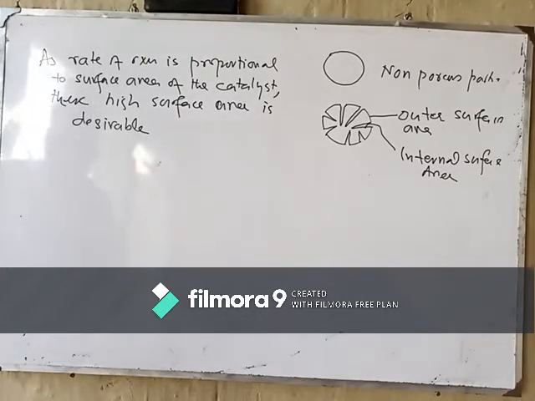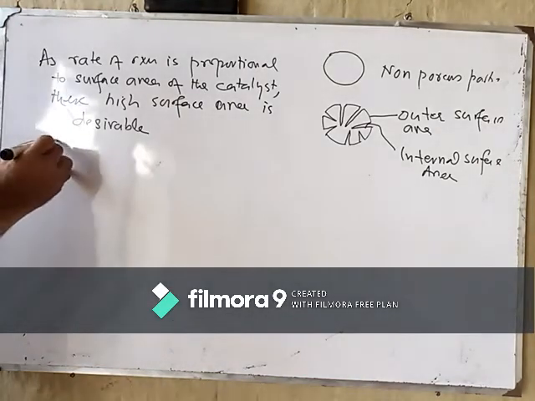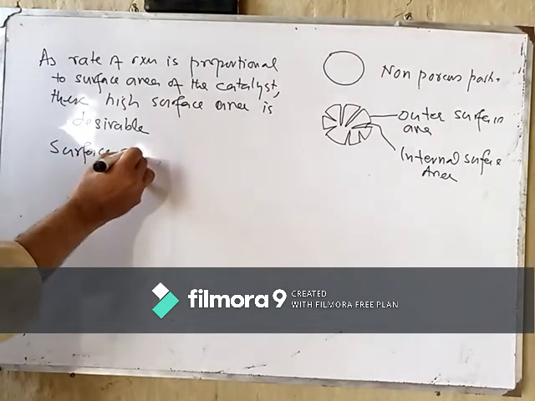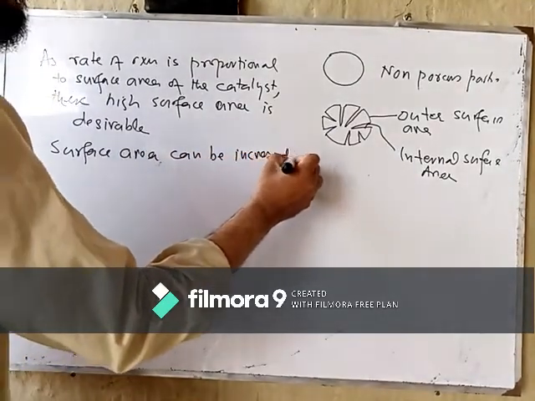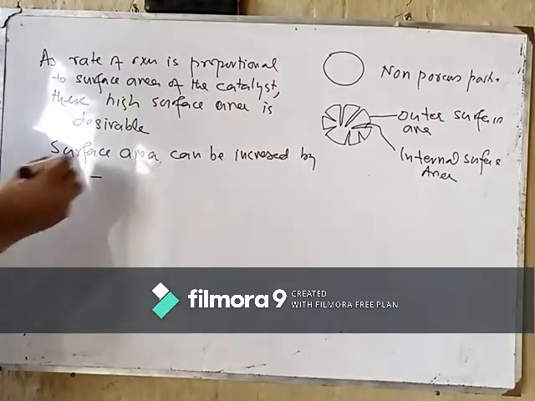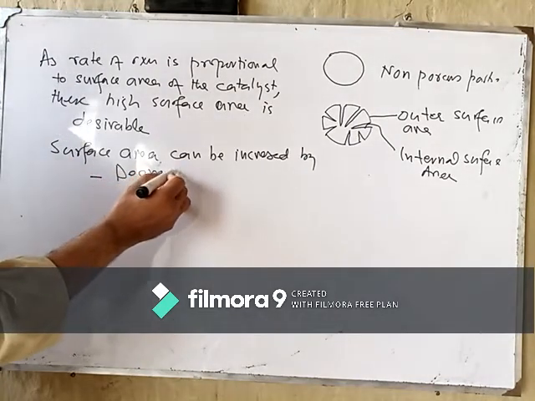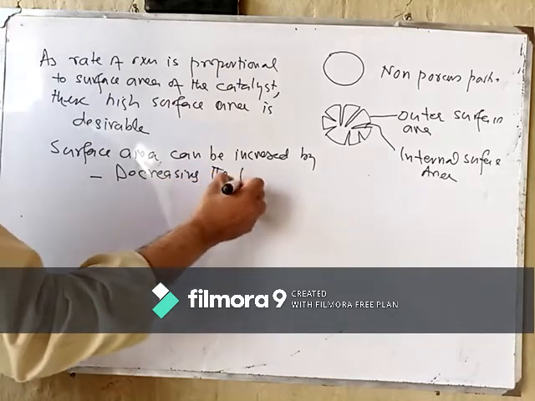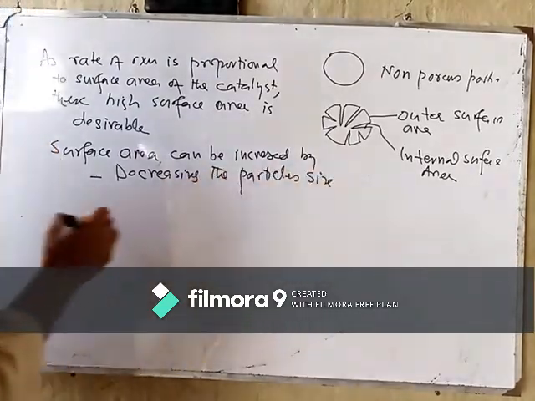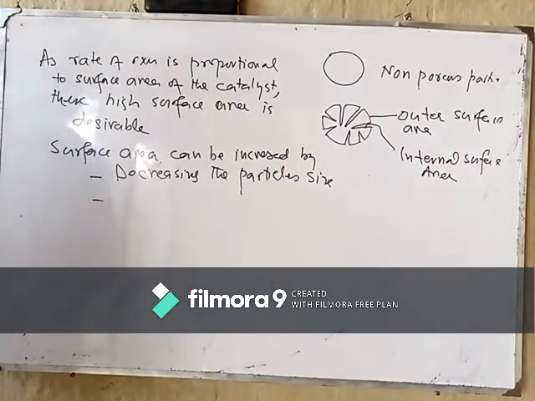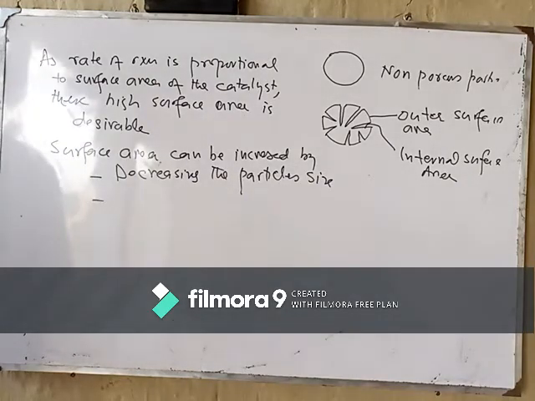So the catalyst can become more effective by increasing the surface area. Surface area can be increased by, number one, decreasing the particle size, and second, making the particles porous, increasing the porosity.